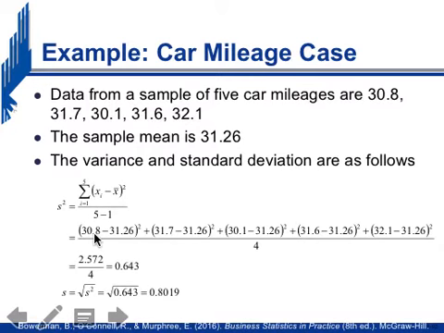That's 30.8 minus 31.26 squared plus 31.7 minus 31.26 squared. And do that for all the numbers, but divide that by n minus 1. So that should be 5 minus 1 or 4, giving us a variance of 0.643 and a sample standard deviation of 0.8019. So the standard deviation now has the same unit as the unit of the dataset.